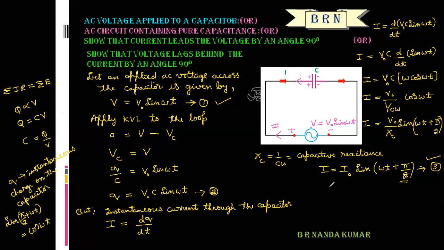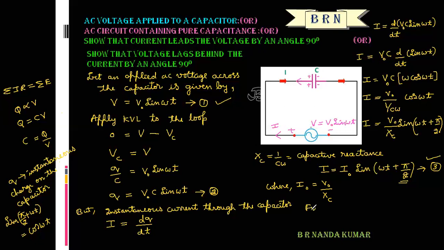That means the current here leads the voltage by an angle pi by 2 radian. Here I naught is V naught divided by Xc.